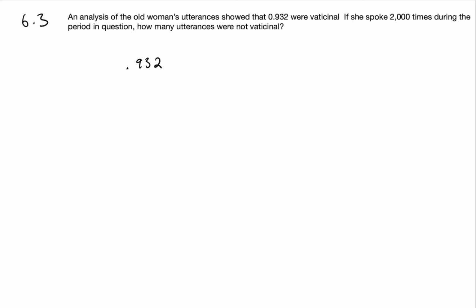Okay, so they want to know how many were not vaticinal. I didn't read that correctly. So if we need to know how many were not vaticinal, we need to say 1 minus 0.932. So we know what the total number is. And 1 minus 0.932 is going to be 0.068.